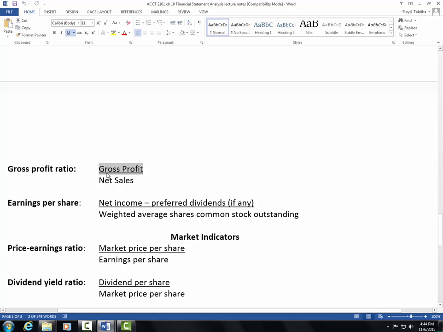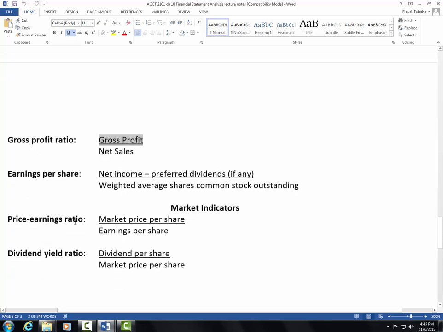Gross profit is sales minus cost of goods sold. So it's the amount of money you have left after you pay your cost of goods sold. So this is measuring the percentage of sales dollars that you have to cover all of your other expenses. And not just to cover your expenses, you want something left for the bottom line too. You want a net income.